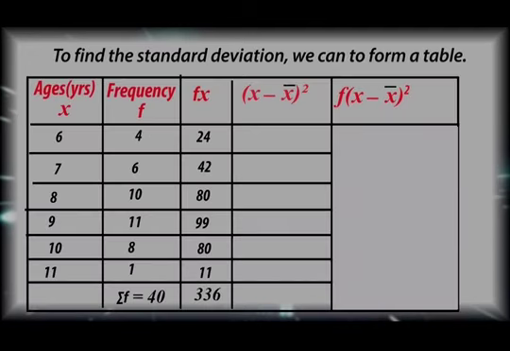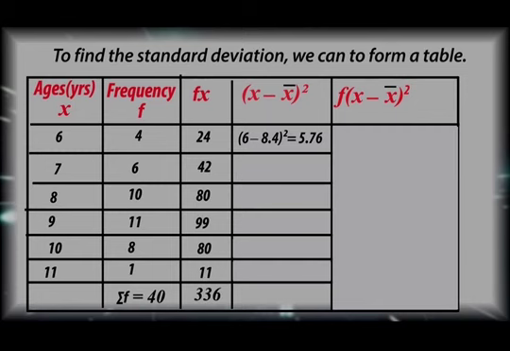Now we go back to the table, and in the next column we are going to have x minus x bar all squared. That means we subtract the mean from each of these numbers or ages. For the first one, we have 6 minus the mean, which is 8.4.